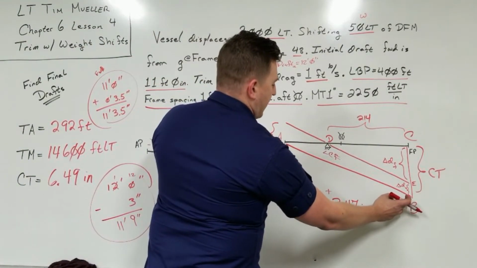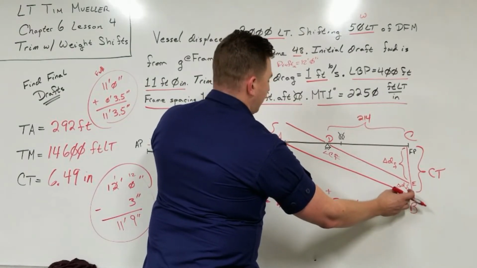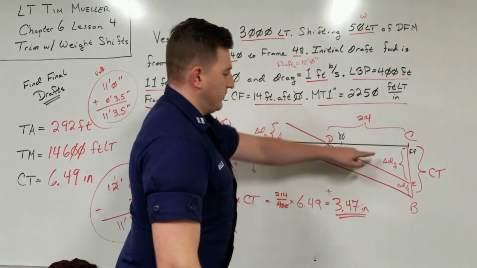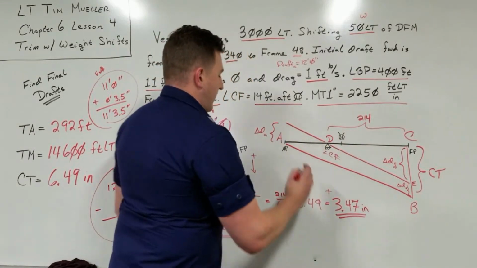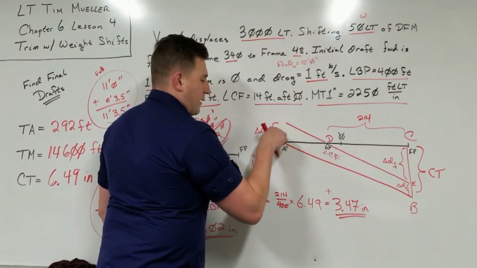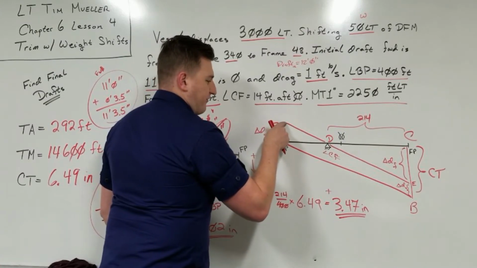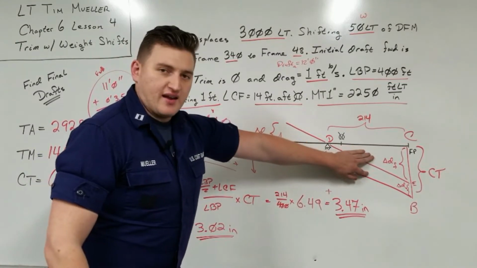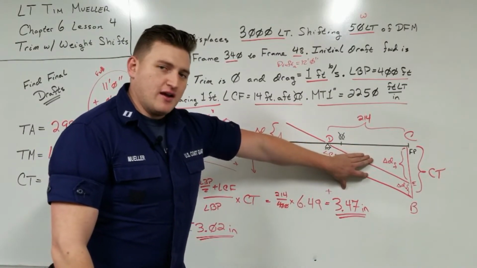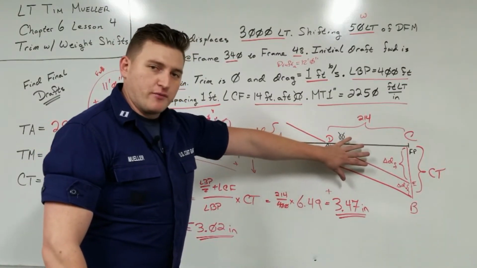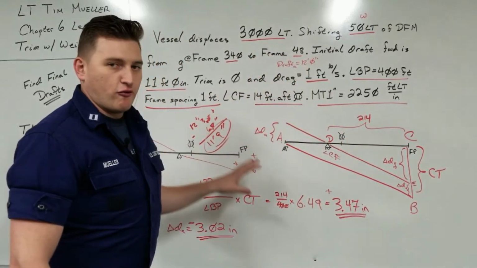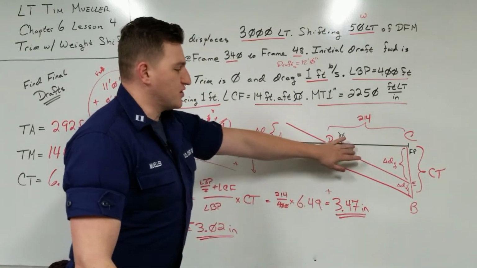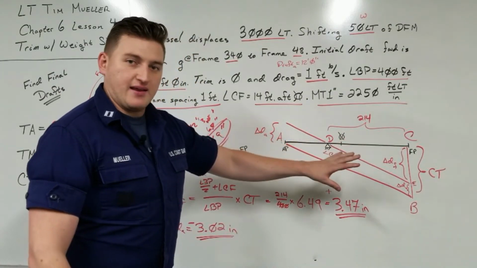When we shift that weight up, we shift this line up, our CT gets split into delta D forward and then delta D aft. But because it's parallel, we can just shift this delta D aft right there. So just think of it like that, and it'll be a little bit easier for you so that you don't have to memorize these formulas. I'm not memorizing any of these formulas. I'm just understanding how moments work with each other, and then just these similar triangles. There's nothing any more complicated than that.